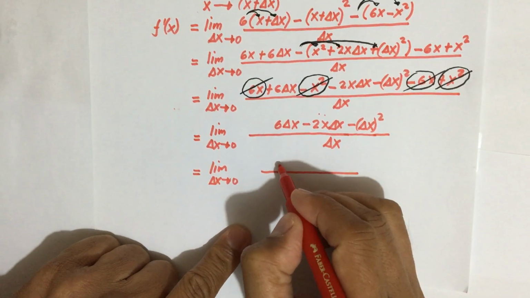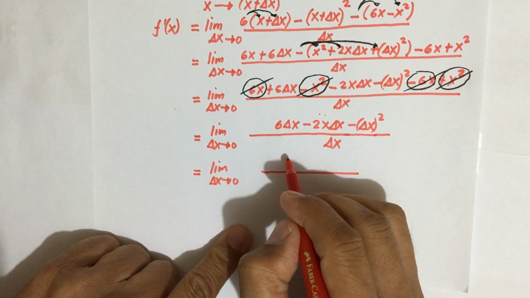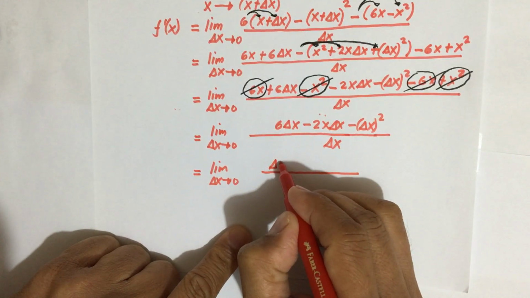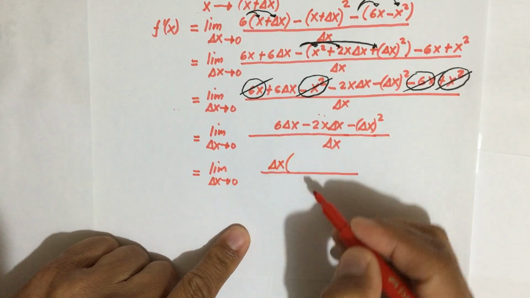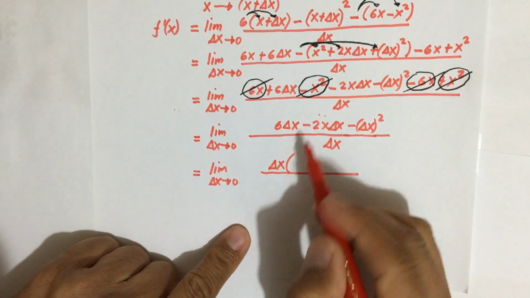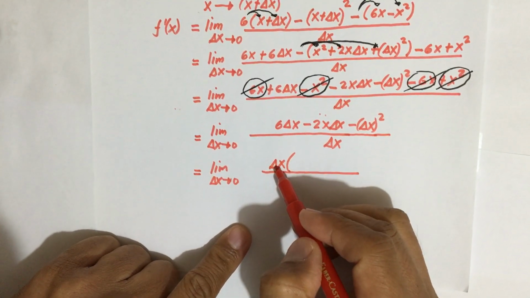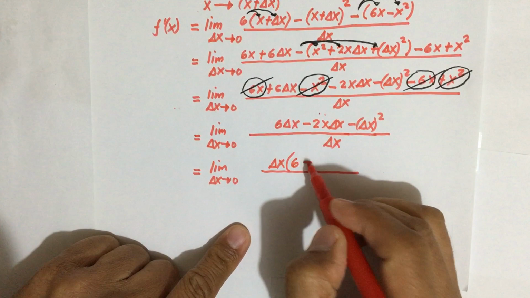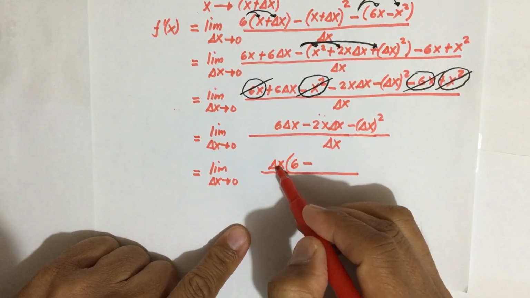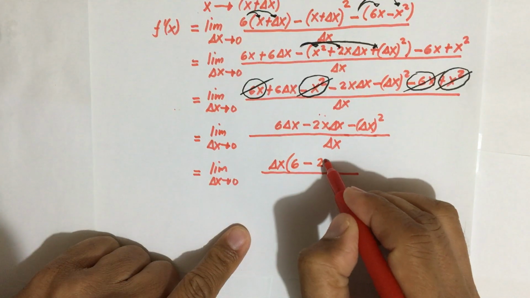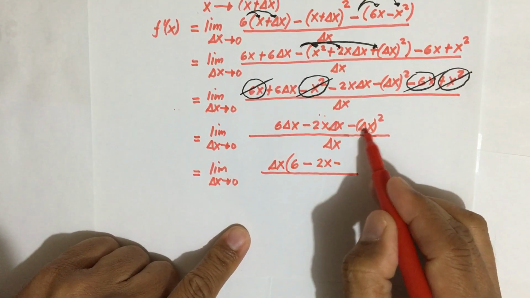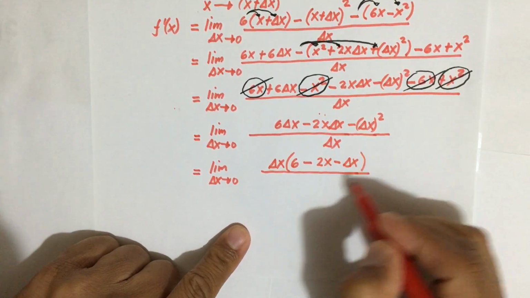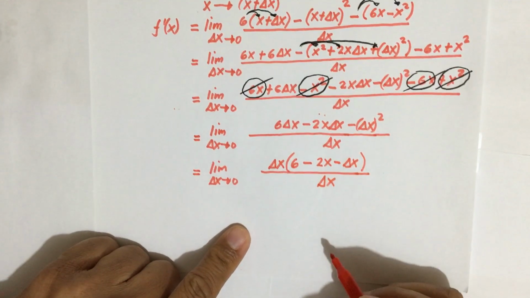So factoring out the common factor, which is delta x, and divide its terms by the common factor, it means 6 delta x divided by the common factor delta x. So what is left? So we have 6 minus, this is minus, so 2x delta x divided by delta x, so we have 2x, then minus delta x squared divided by delta x, so we have delta x, then divided by delta x.